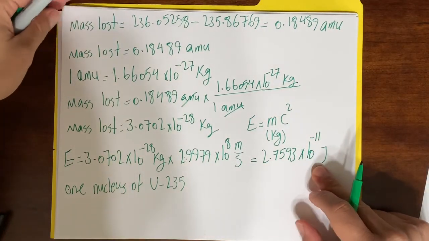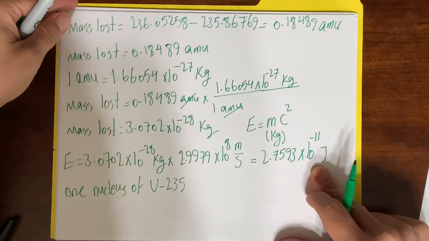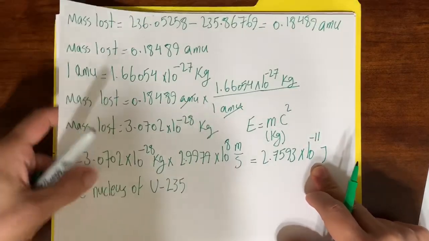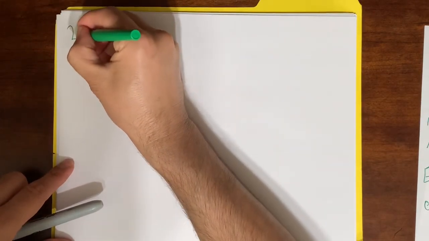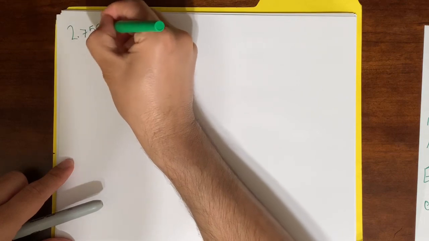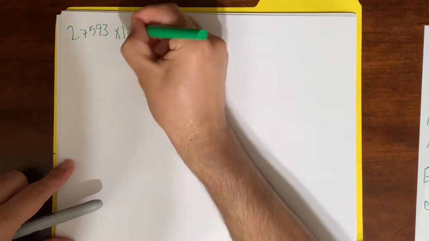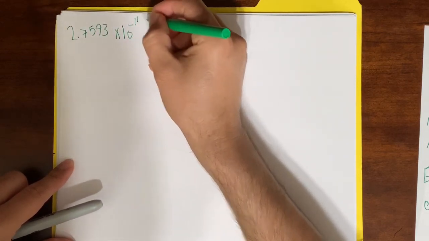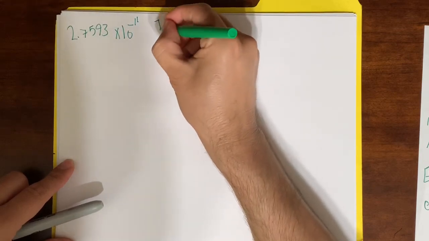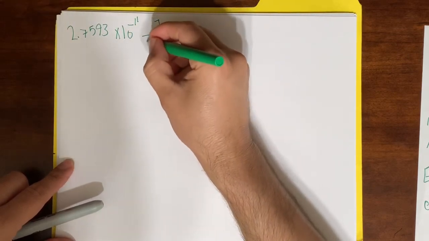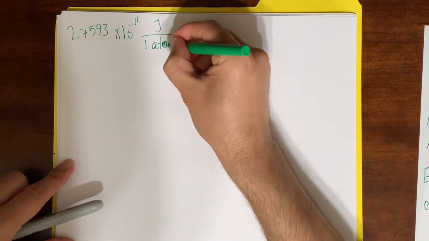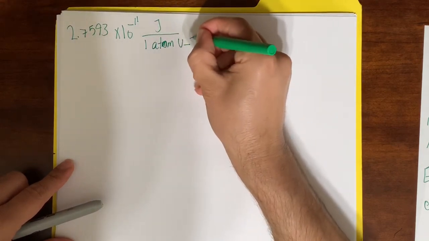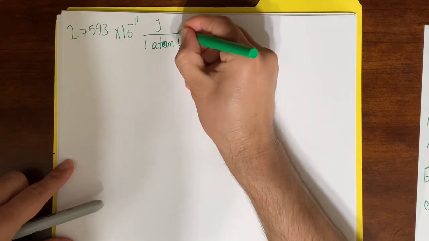This number looks like a small number, but when you multiply it by Avogadro, you will see it's going to be a big deal. So here, energy will be 2.7593 multiplied 10 to the power of minus 11, and this is joule per one atom of uranium-235.